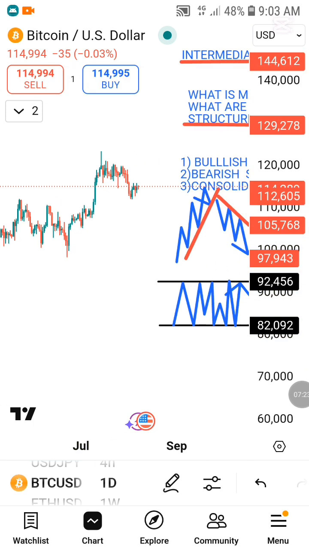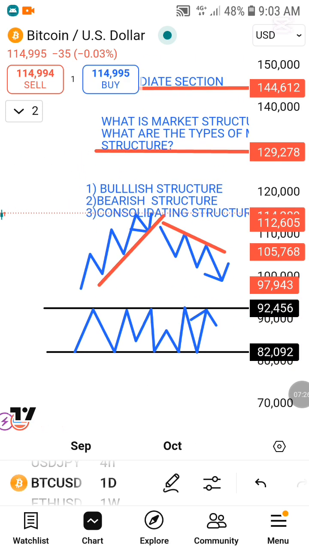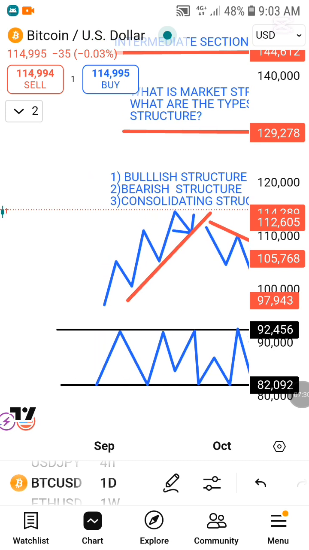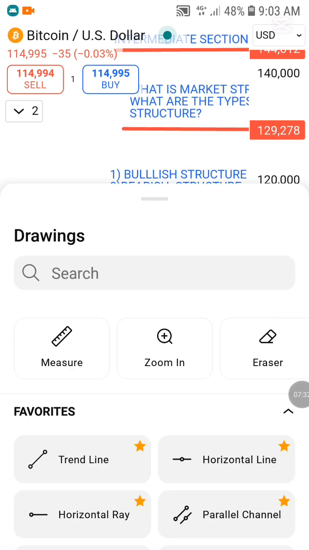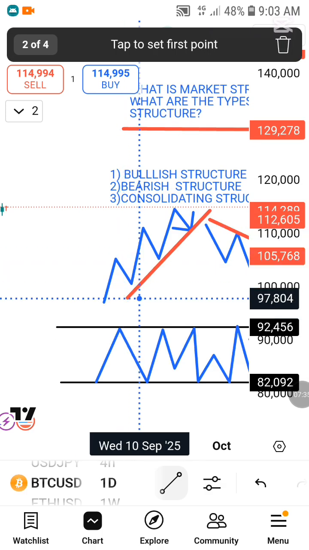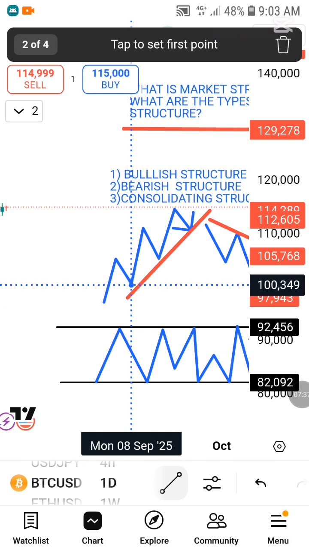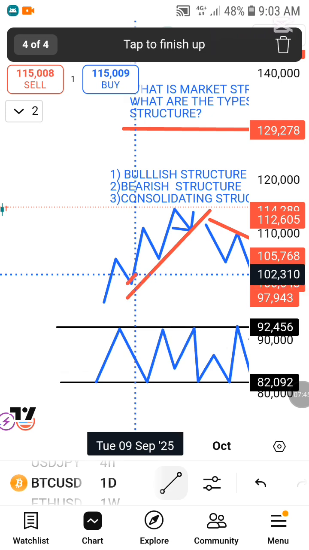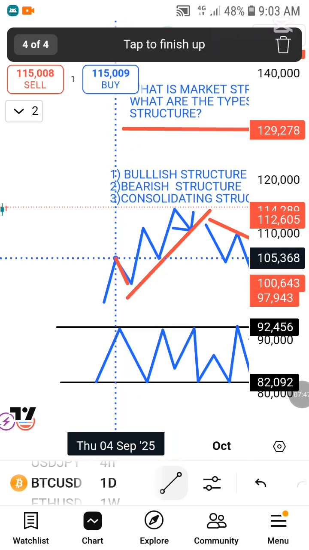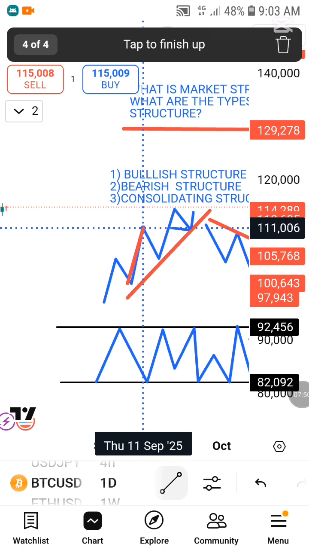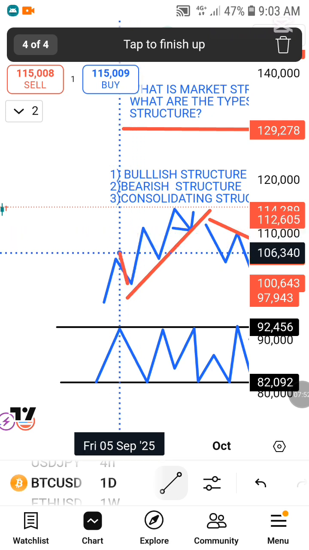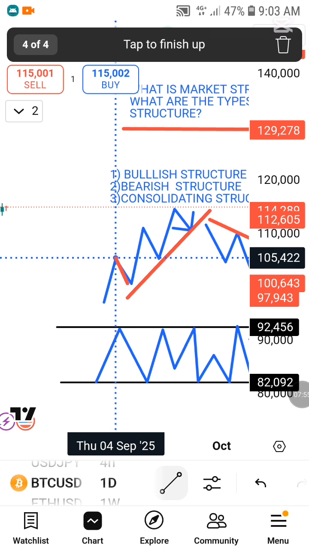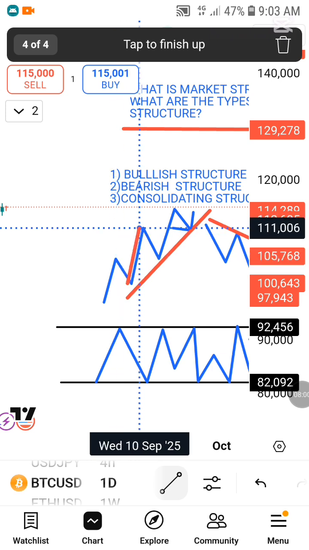Now to figure out your entry point using a bullish structure, like I said, this is the current low, right? If this current low triggers another move to break this current high and create a new high here, for your entry point, you first of all mark a horizontal on this previous high, because that is where the current low is coming.